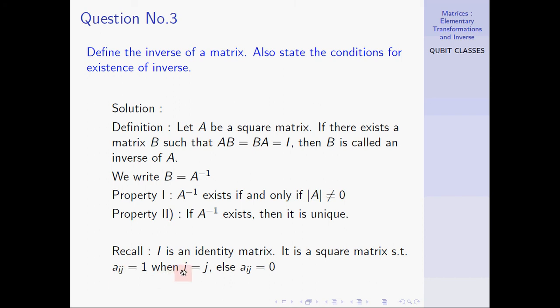So when the row number and column number are equal, that element should be 1, and if the row number and column number are unequal, then the number should be 0. This is how we define an identity matrix. So to define an inverse, we must know what an identity matrix is. So the product of any matrix A and its inverse is I.